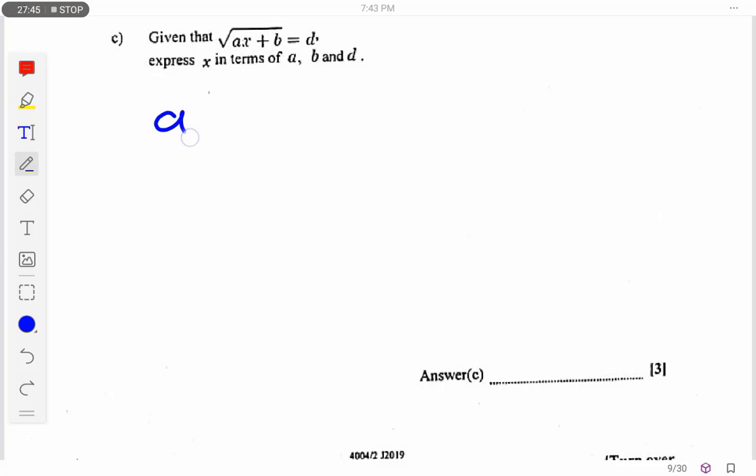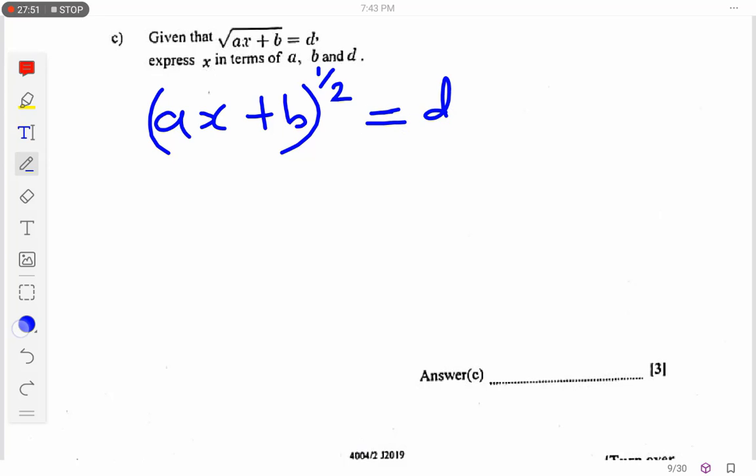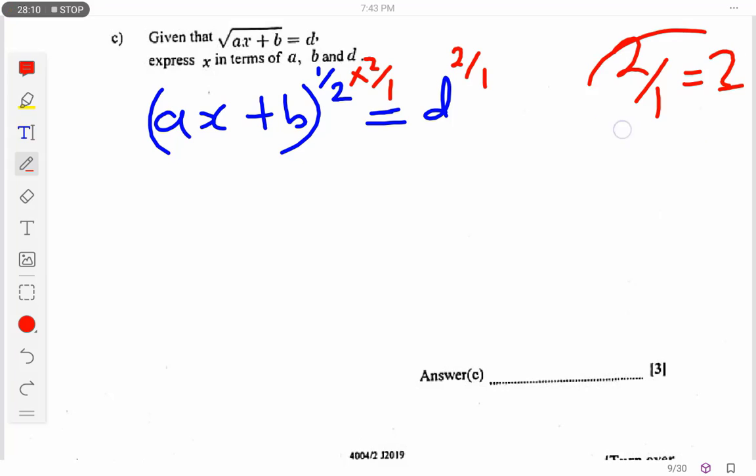So I can say (ax plus b) to the power of half is equal to d. To remove the half, I can multiply by 2 over 1. And when I do this on the left side, I'll also do it on the right side. So I can raise d to the power of 2 over 1 like that, of which 2 over 1 is the same as 2. Remember from the 3 that we did previously.